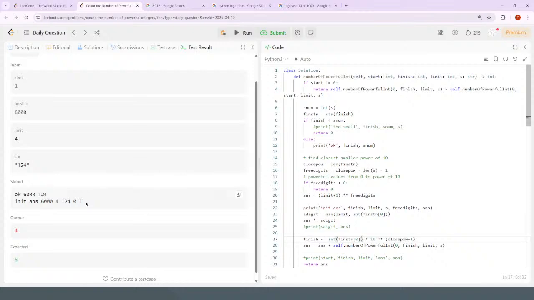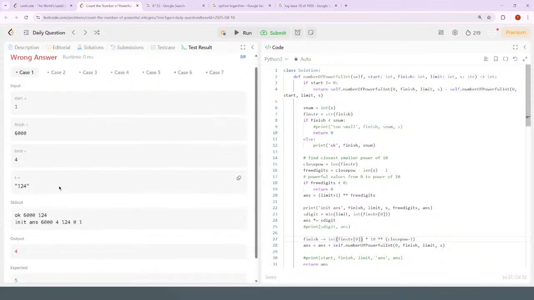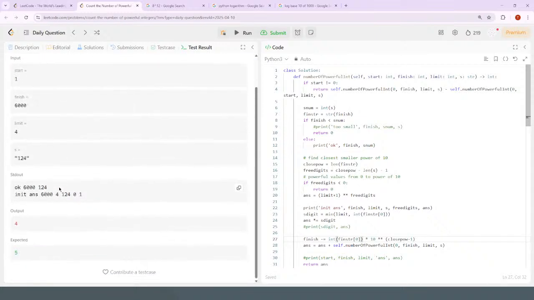But then why doesn't it work? Why doesn't it give you 5? It gives you 4. So 124 has one free digit. That free digit should mean that there's 5 to the power of 1. Limit plus 1 to the power of 3 digits.